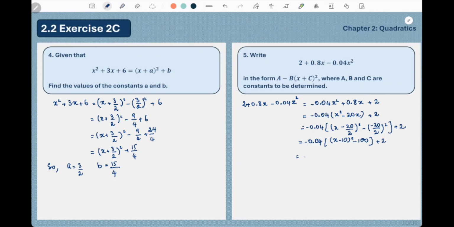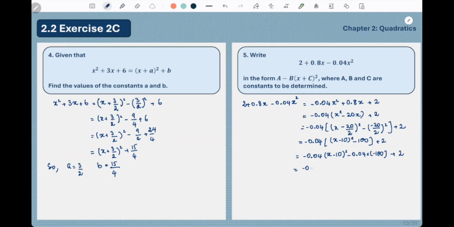Okay, so we're going to expand by minus 0.04, so x minus 10 squared, and don't forget to apply this to minus 100 as well, so minus 0.04 times minus 100 plus 2.